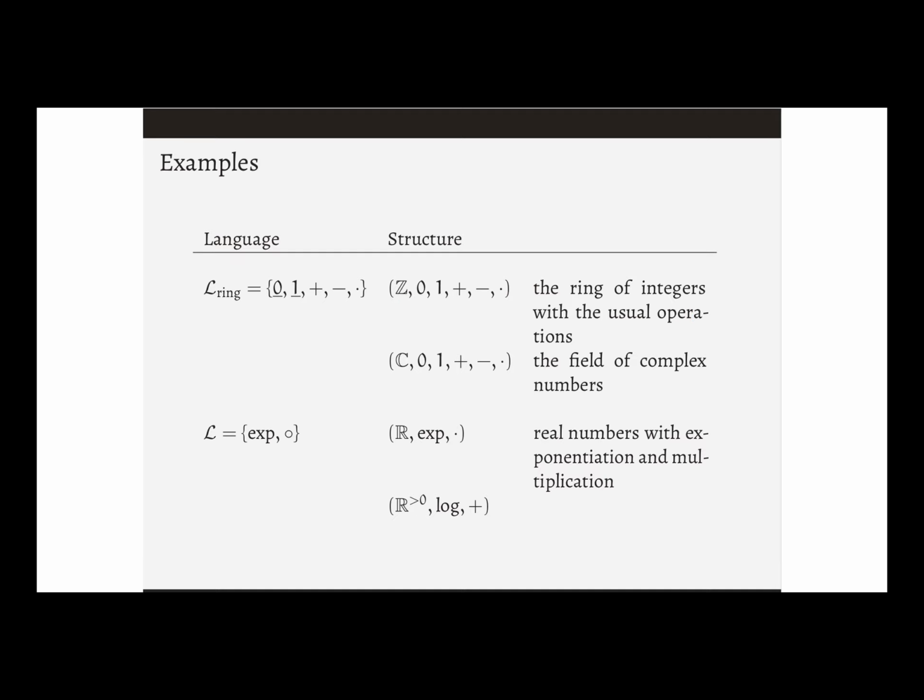So you see, you usually choose the language with the interpretation you have in mind. A different example of a ring structure would be the complex field of complex numbers. Here those would be the complex number 0, the complex number 1, and complex addition, subtraction, and complex multiplication.